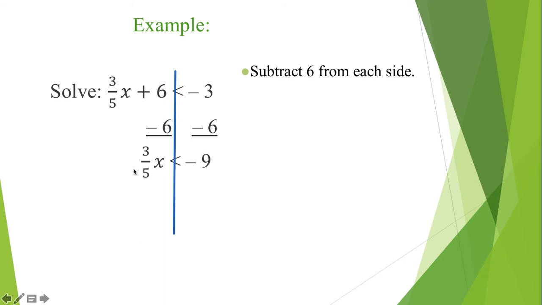We'll cross it out. Now we have a fraction multiplied with x. So we have a fraction, keep the fraction aside. We have multiplication given. What is the inverse of multiplication? The inverse of multiplication will be division.